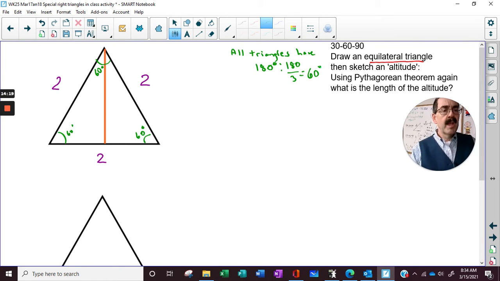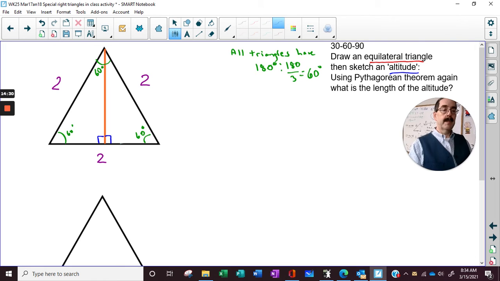Okay? Now we're going to drop an altitude. An altitude is a line that comes straight down and creates a 90-degree angle. Okay, so everybody draw the 90 degree. You've already got the altitude.